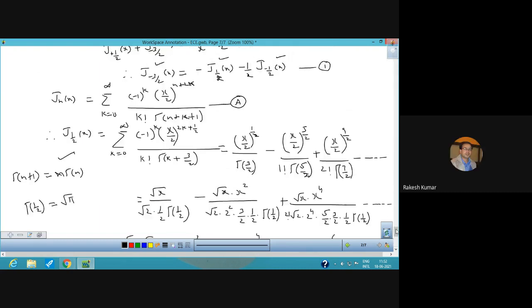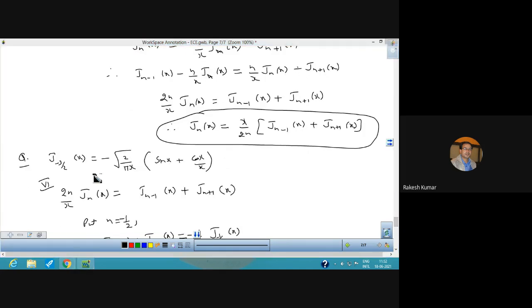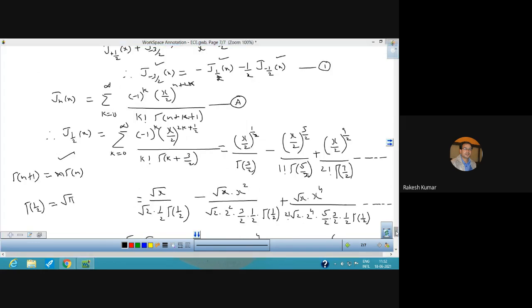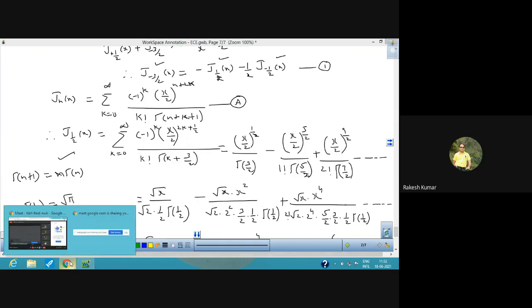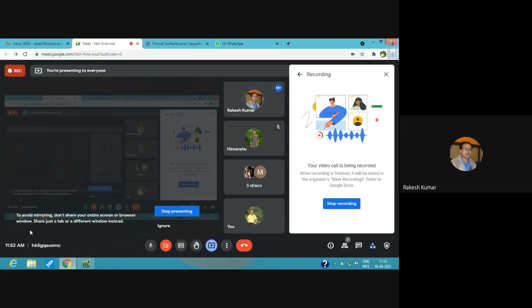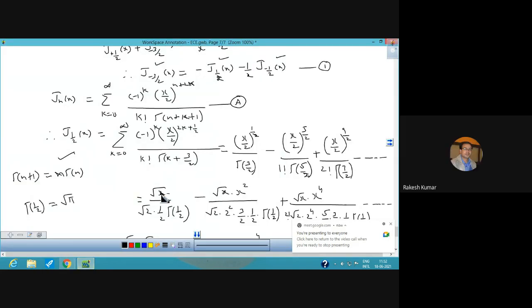Now, what we were going to do, we were actually finding out the value of j minus 3 by 2. So we are adjusting the terms accordingly.